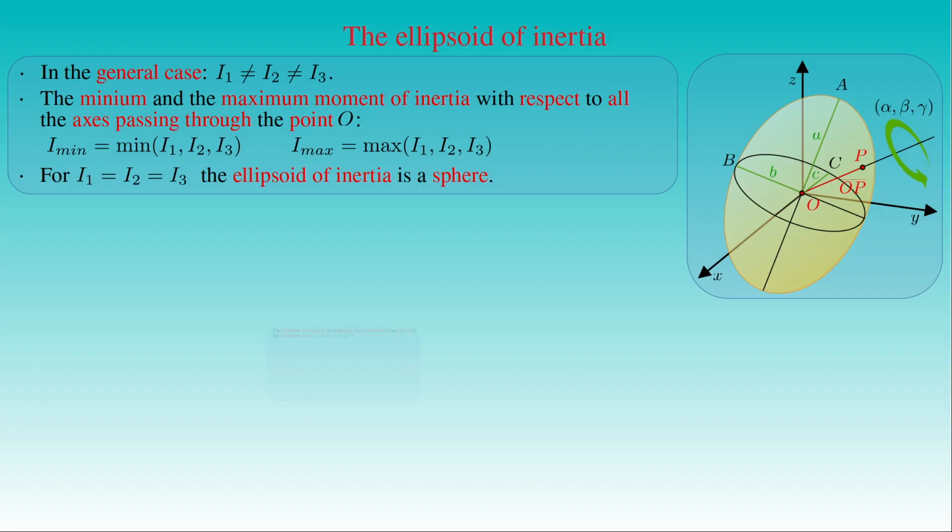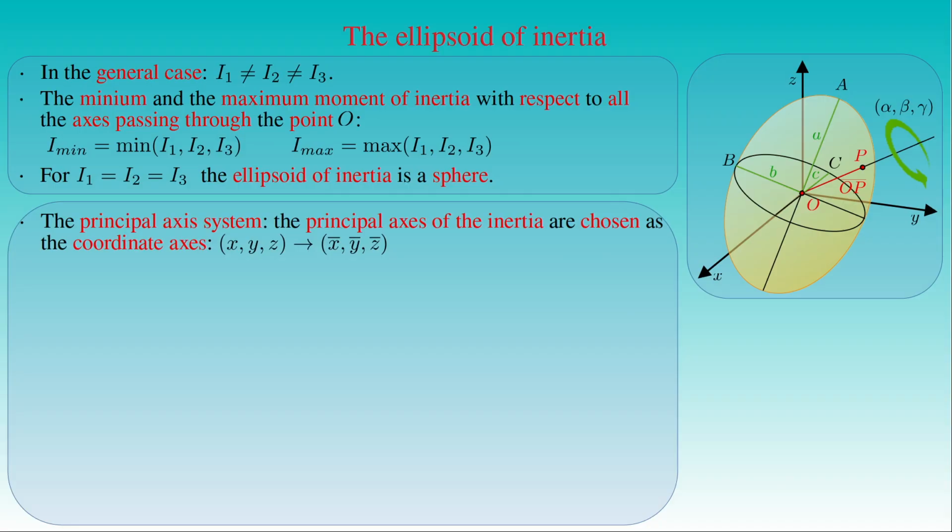If we choose the principal axes of the ellipsoid of inertia as the coordinate axes passing through the point O, then this choice represents a coordinate transformation from the Cartesian coordinates x, y and z to the coordinates x bar, y bar and z bar. This means that we also transform the triplet xi, eta and zeta to a new triplet xi bar, eta bar and zeta bar.